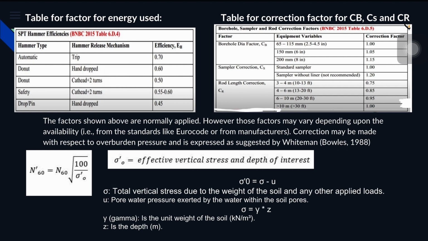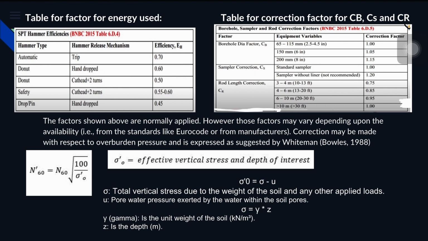For sure the efficiency will be different amongst these types. For the right table, we have correction factors for CB, CS, and CR, which is for borehole, sampler and rod correction factors, BNBC 2020 table 6.D.5.